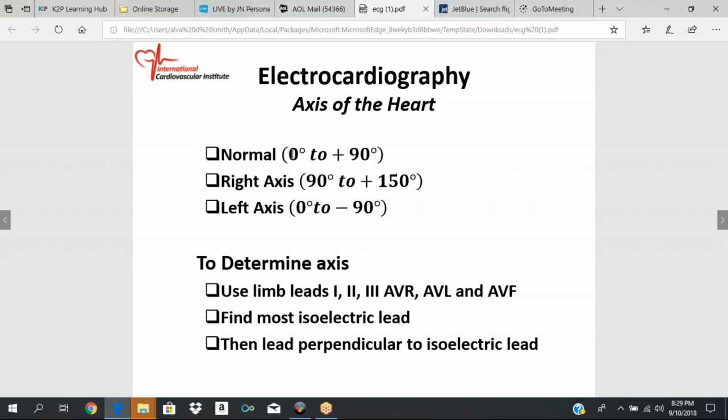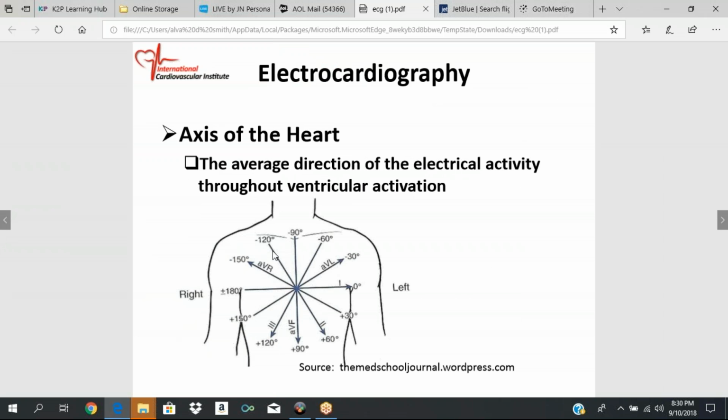So again, the normal axis is between 0 and 90 degrees. Right axis is between plus 90 and plus 150. The left axis is between 0 and minus 90. And to show you that again, this is your circle, and you need to know what is lead 1, what is lead 2, lead 3, lead AVF, AVL, AVR. Your normal axis is in this quadrant from 0 to plus 90.